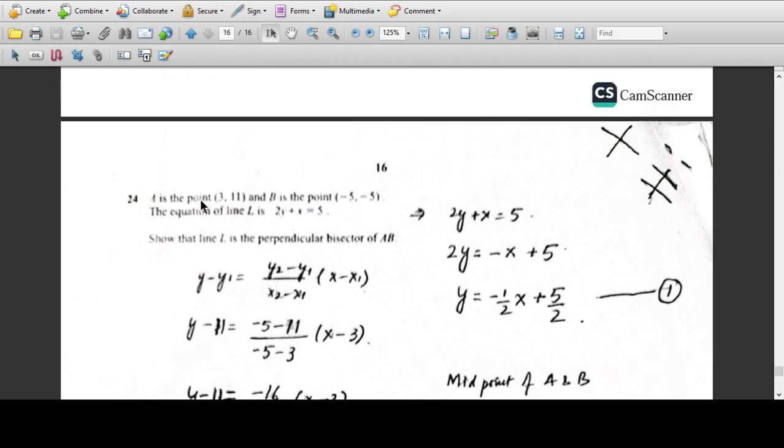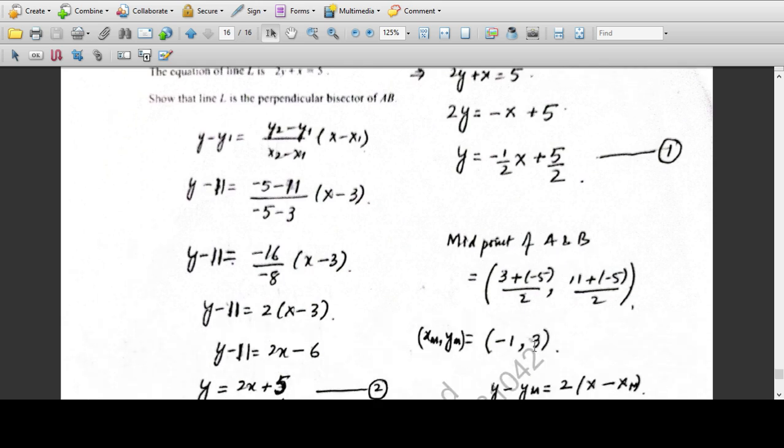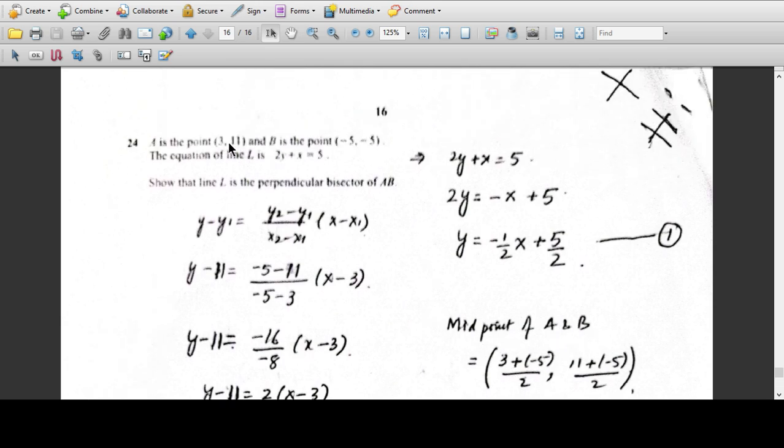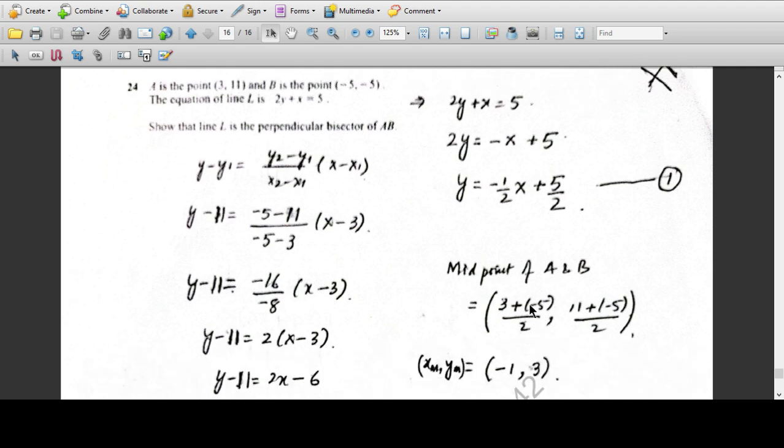So the midpoint of A, 3, 11, and B, minus 5. We take the midpoint M between A and B as 3 plus minus 5 divided by 2, and 11 plus minus 5 divided by 2. So 3 minus 5 is minus 2, divided by 2 is minus 1, and 11 plus minus 5 is 6, divided by 2 is 3.